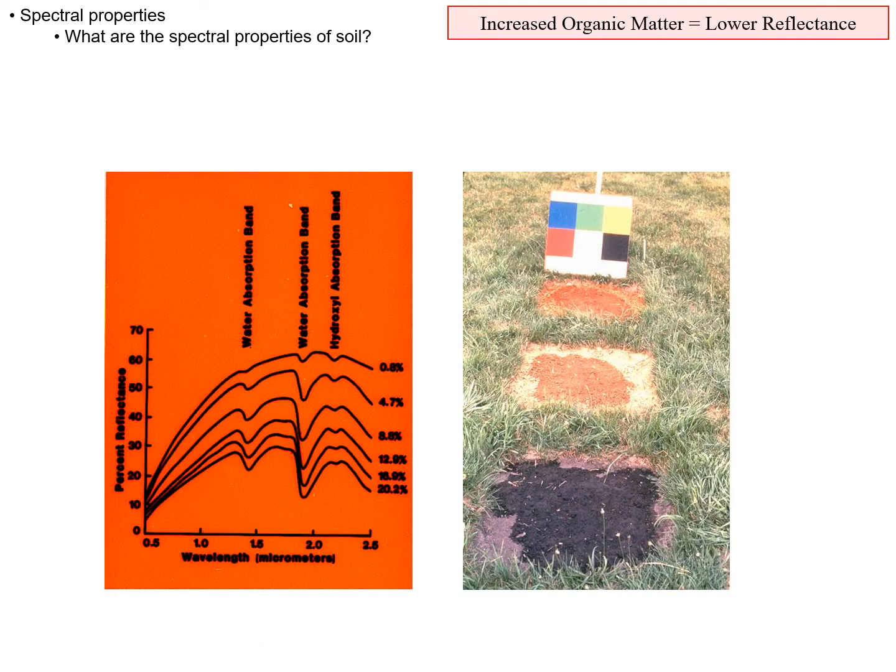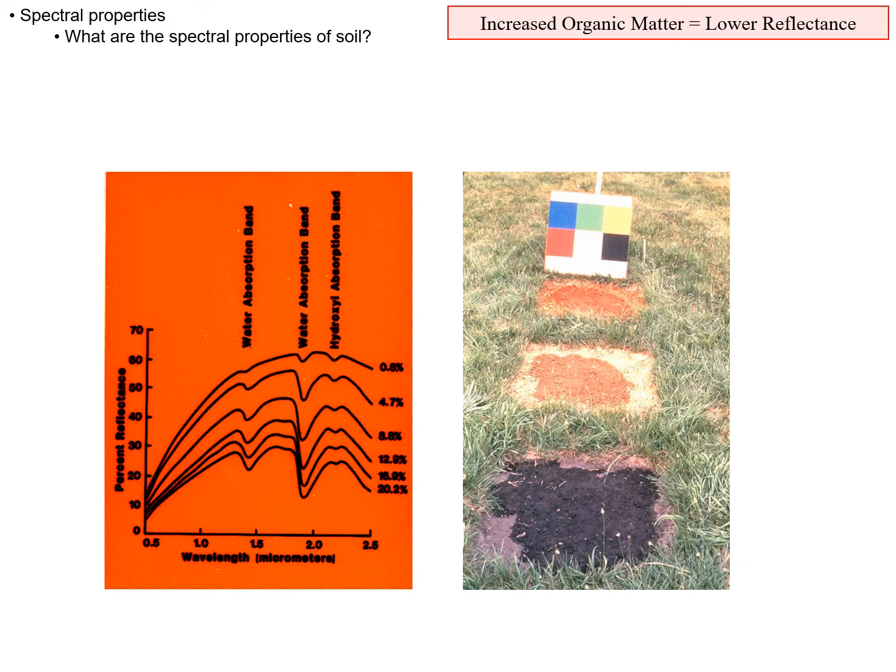So, water absorption, well, I should say increased organic matter. Organic matter, you should probably be familiar with. It's dark. The more organic material there is in the soil, the darker it will appear. So as you go from 0.8 to 20% organic matter in the soil, you see two things, one of which is the overall reflectance goes down.